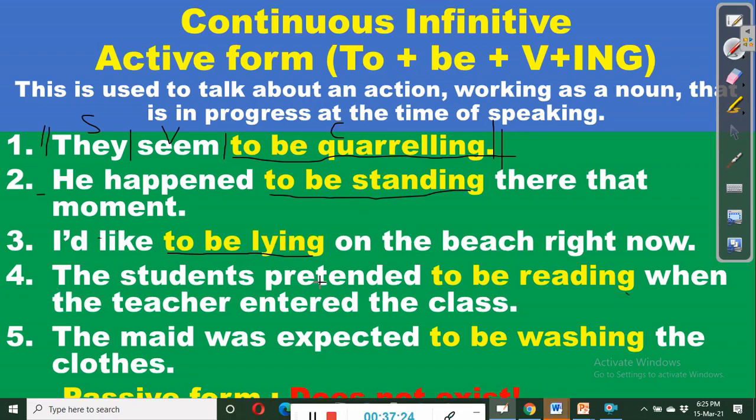Example 4, the students pretended to be reading when the teacher entered the class. Now, what is the continuous infinitive here? It is to be reading. And then, as I earlier said, the continuous infinitive is used to talk about an action that is happening or in progress at the time of speaking, or the time in reference.